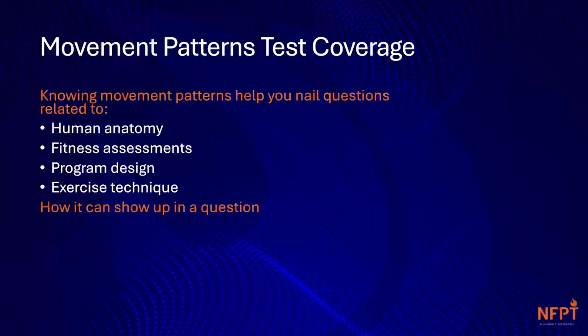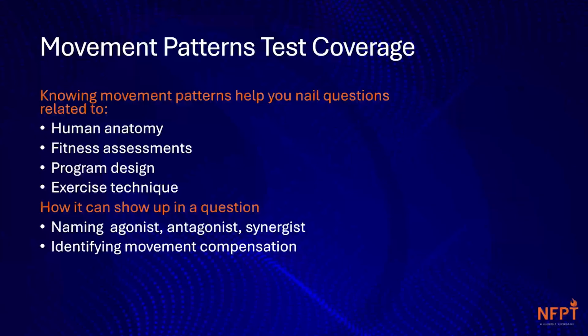So let's chat real quickly about how pulling movement patterns can show up on your exam. First, and this is related to human anatomy, you might get a question that asks you to name the agonist, antagonist, or synergist of a motion at a specific joint. Then it might also show up where you are asked to identify the movement compensation happening when you see something during a movement assessment, specifically a pulling movement assessment.